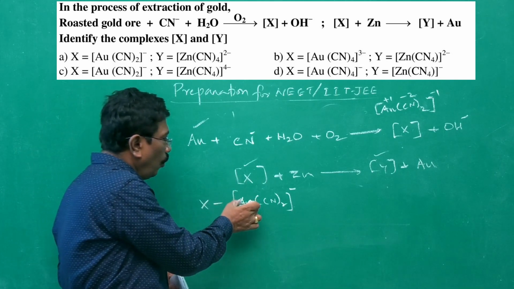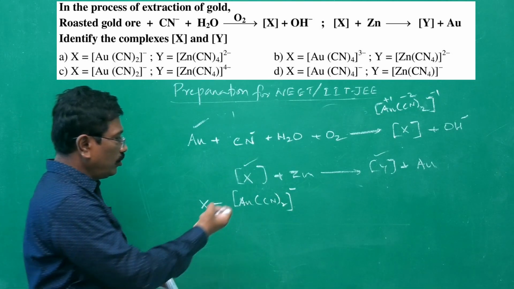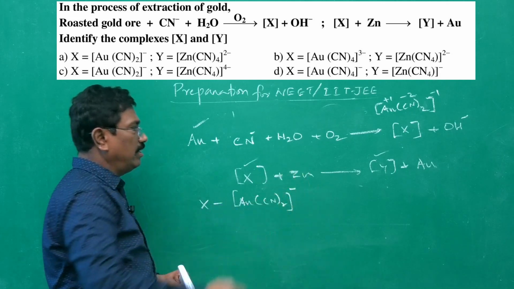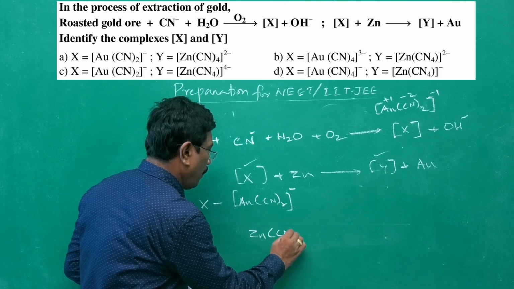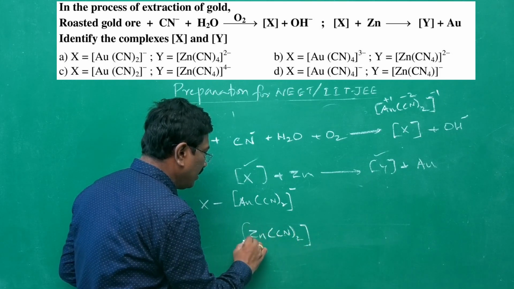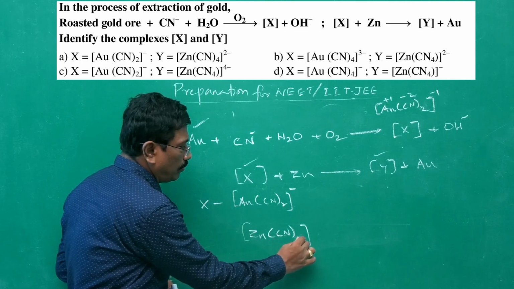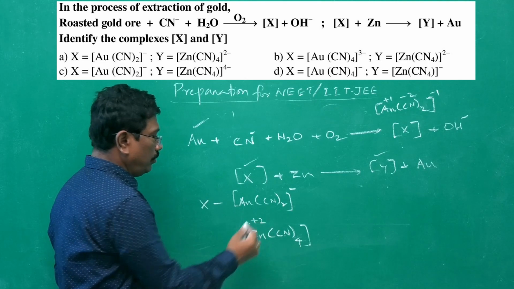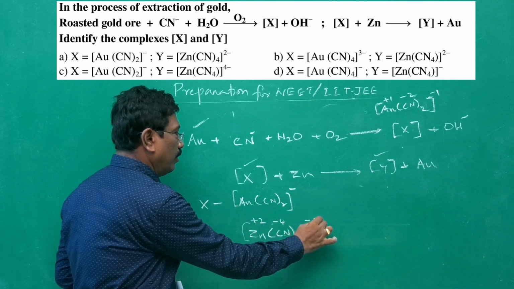Now, gold has to be precipitated. We have leached gold in the form of aurocyanide complex. When it is treated with zinc, the gold is coming out, so that it forms zinc cyanide complex. But we should not write Zn(CN)2, as the coordination number for zinc is 4. Zinc oxidation state +2, 4 cyanide, 4 into -1 is -4, total charge -2.